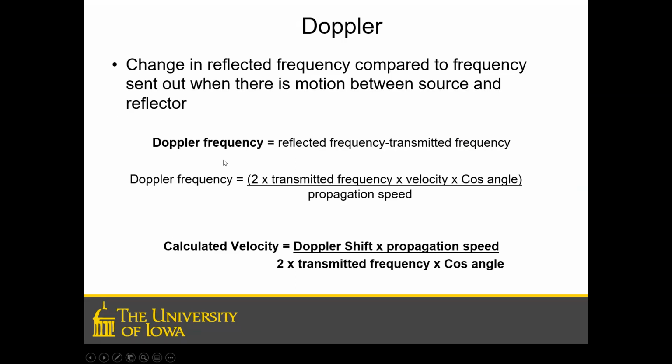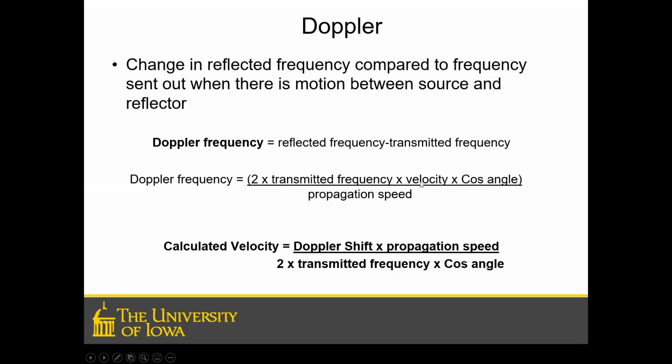So these are like 3 equations to look at. What the instrument knows when it comes to Doppler is the Doppler shift frequency, okay? What it knows is the frequency that it sent out and the frequency that comes back, and the difference between those is the Doppler shift frequency. Then the instrument puts that Doppler shift frequency into this equation to calculate the velocity.